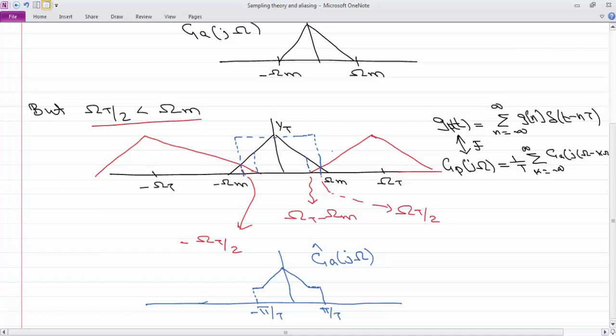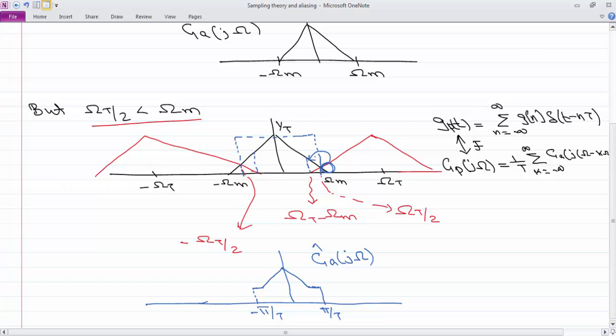So what is happening here, if you graphically look at this figure, is that if this is a real valued signal, then the Fourier transform is symmetric. It is as if this portion of your Fourier transform is folding back around the region of the cutoff frequency.